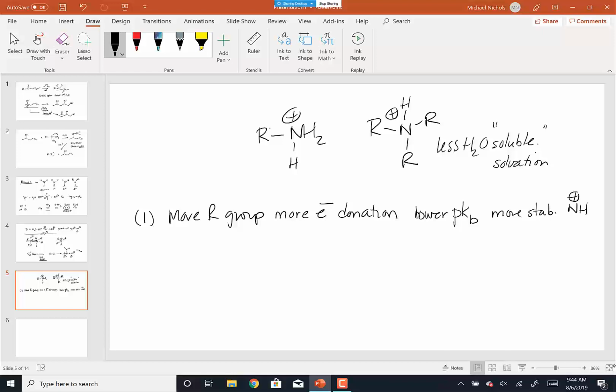So in other words, the more alkyl groups, the stronger the base should be. That's factor number 1. Factor number 2, the more R groups, the less stabilization of NH plus by water.